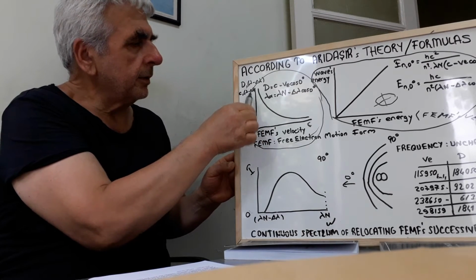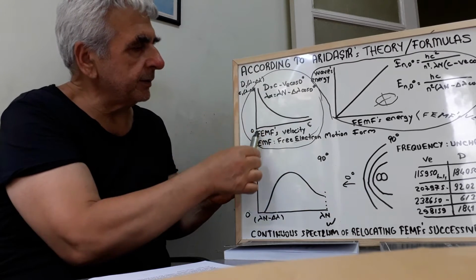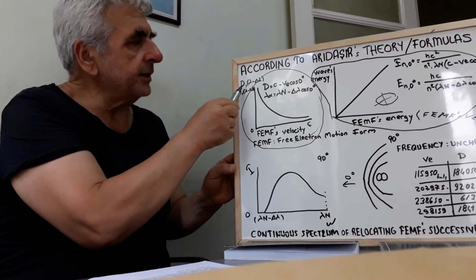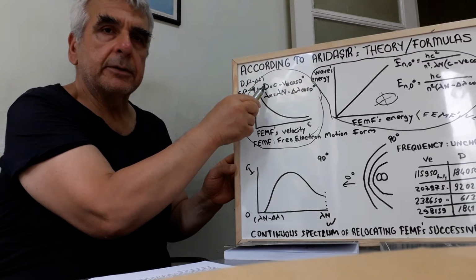For lambda minus delta lambda and for c, this is column 4, b. B is wave velocity.